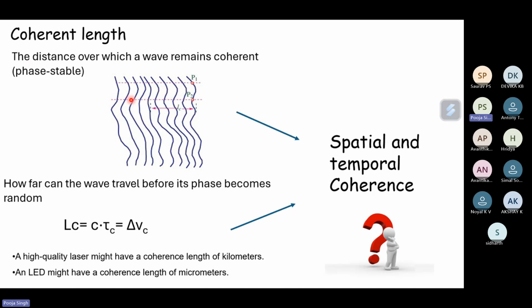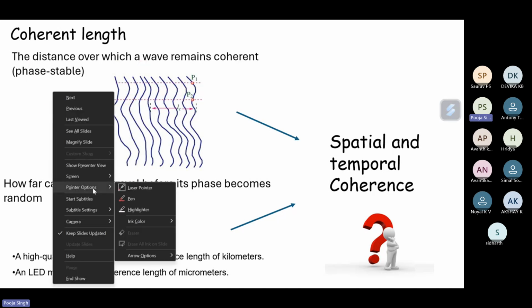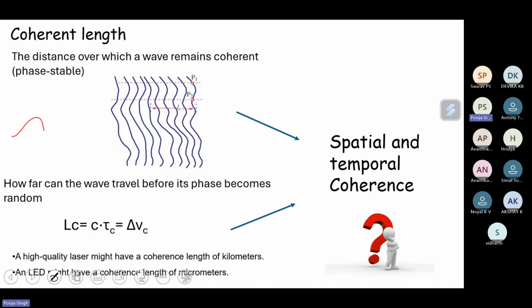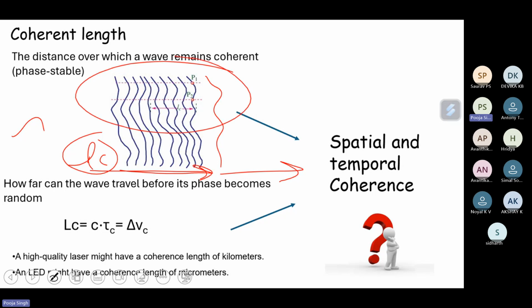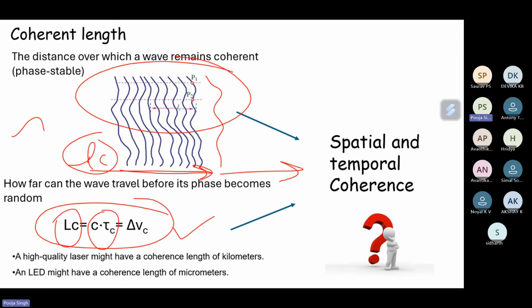From the figure, if you have this wavelength of the light, this is the length which is represented by LC. So at what particular length of the light is the phase or the wave nature of the light not changing?